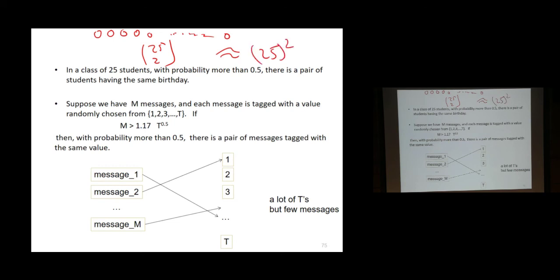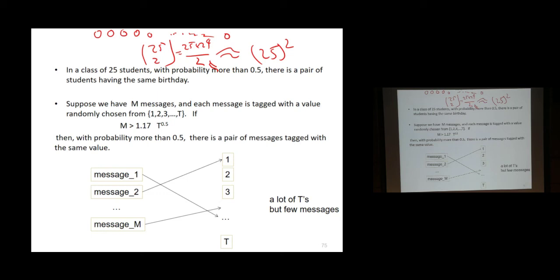Anyway, if you want to calculate 25 choose 2, the value is 25 times 24 divided by 2. Anyone able to give me this number? Let's say it's 400. From a group of 25 students, I can form around 400 pairs.